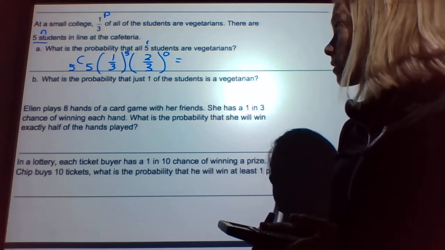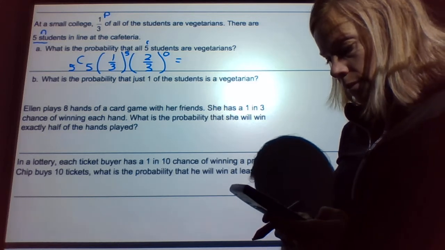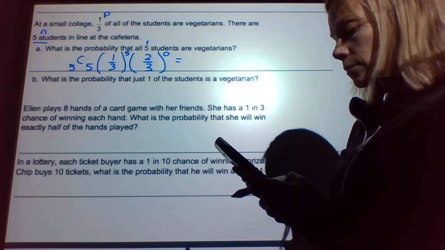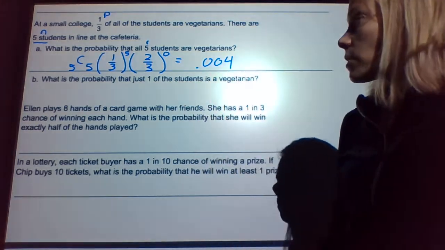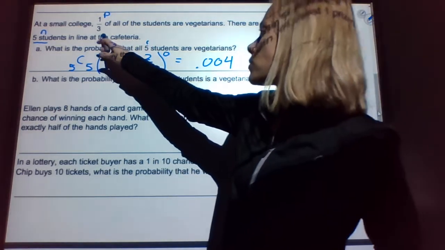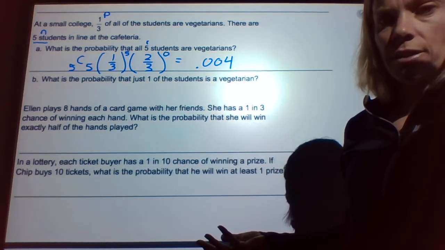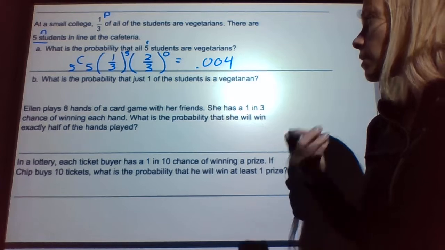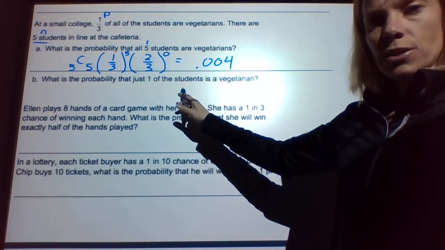And again, anything to the 0 power is 1. 0.004. And that should make sense, right? If only 1/3 students are vegetarian and all 5 would by chance be vegetarian, that should be a really small percent.